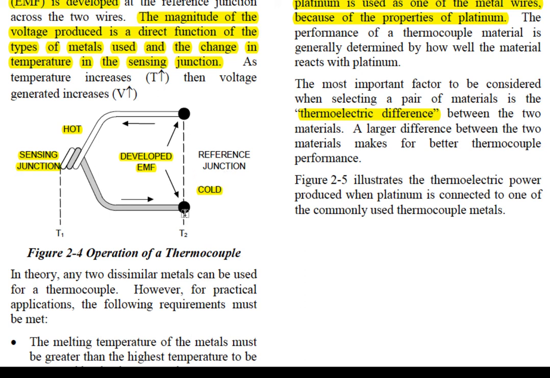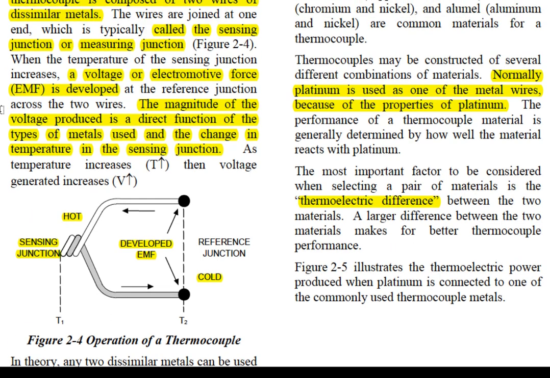This side develops the voltage based on the expansion of the two wire branches. The sensing side is actually going to be placed into your medium, whatever you're testing. In the nuclear plant, obviously, that's going to be water, but it could be a number of different things. It could be steel. How about in the steel plants for molten steel? It could be in any other type of plant environment where you're having to deal with something that's very, very hot or very, very cold, like you would experience in a chemistry lab.